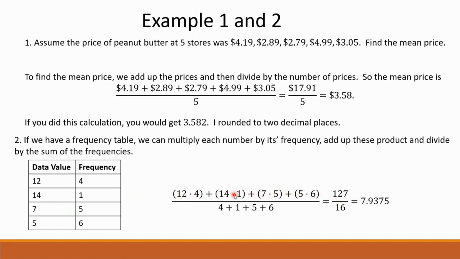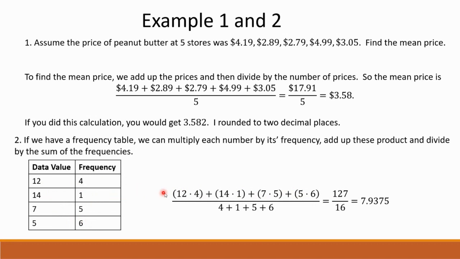Now, how many data values are there? Well, that's what the sum of the frequencies is. That's the number of data values. You have 4 12s, 1 14, 5 7s, 6 5s. You get the sum. That's how many data values there are.